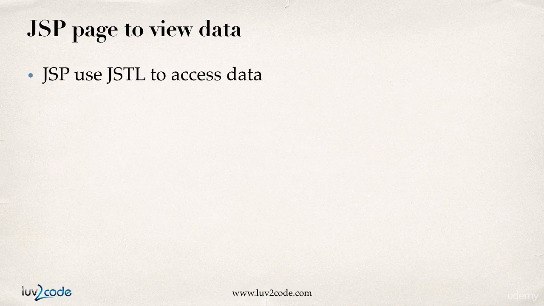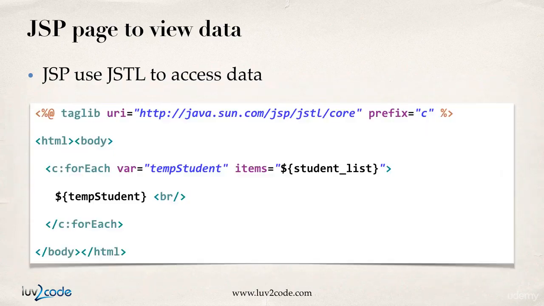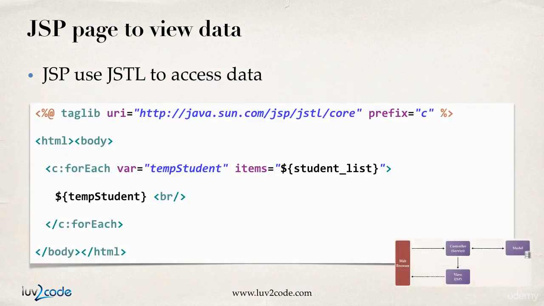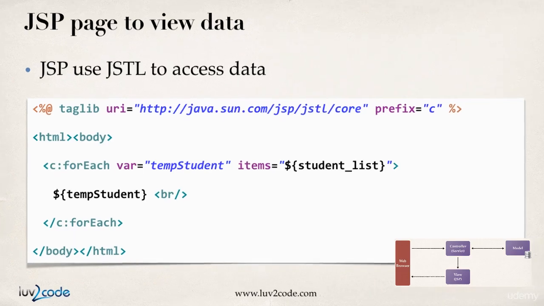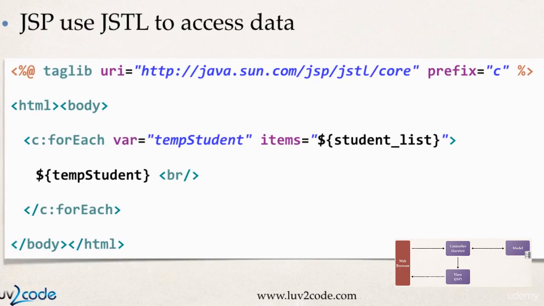All right, so the servlet has added data to the request object, and it used the request dispatcher to forward to the JSP. Now the JSP can actually view this data, and here we're going to make use of the JSTL, or the JSP standard tag library. So at the top we give our taglib, and then in the center here we make use of one of those JSTL core tags, forEach. And we're basically going to loop over the request attribute.